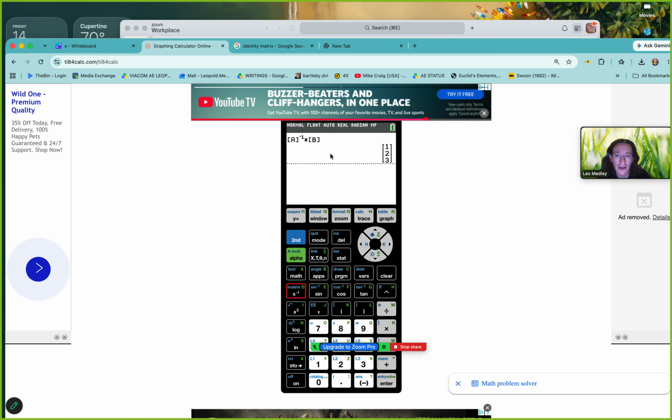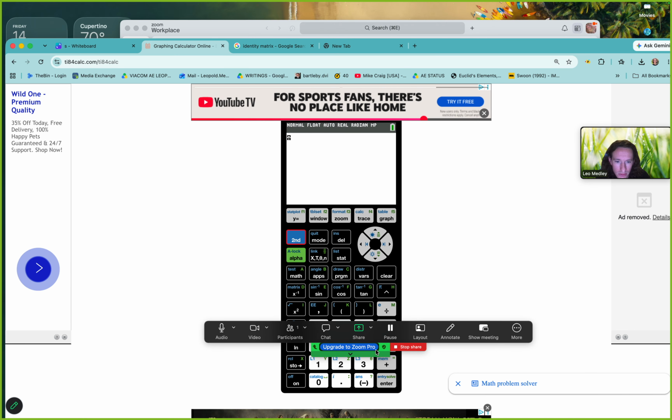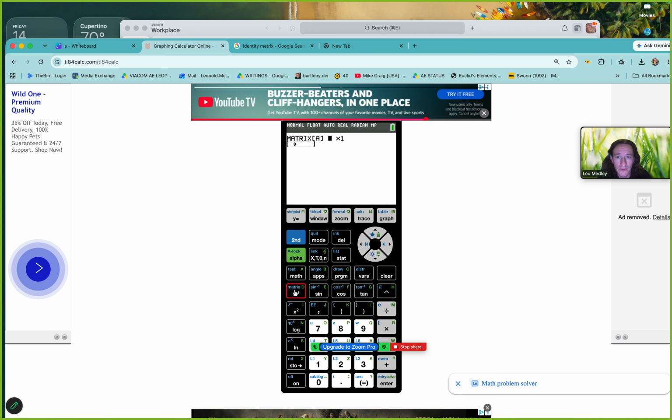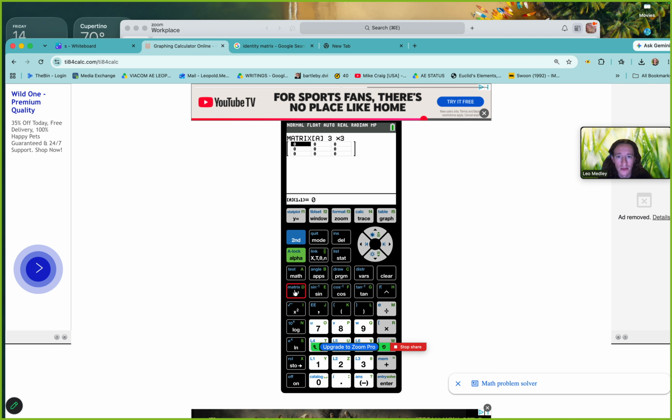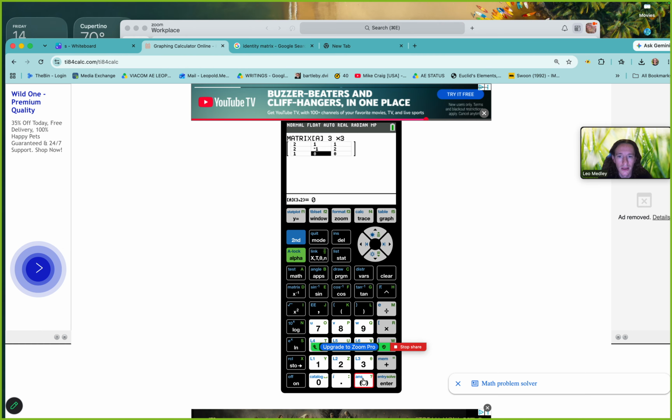So then we went into our calculator, and I will show you what we did from the top. I will, in fact, clear my calculator out so that you can see what I did. Second matrix, tab over to edit, open up the first one, make it a 3 by 3 matrix, and we typed in those values. 2, 1, 1, 2, negative 1, 2, 1, negative 2, 1.